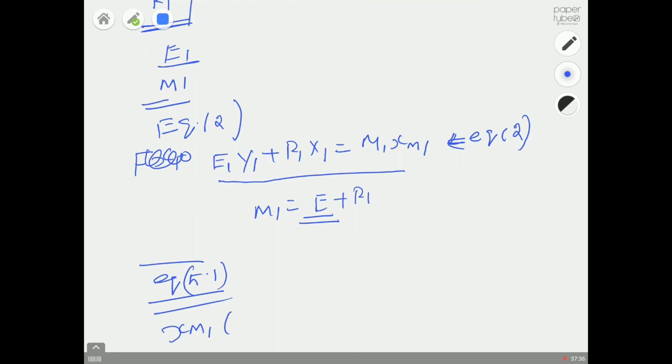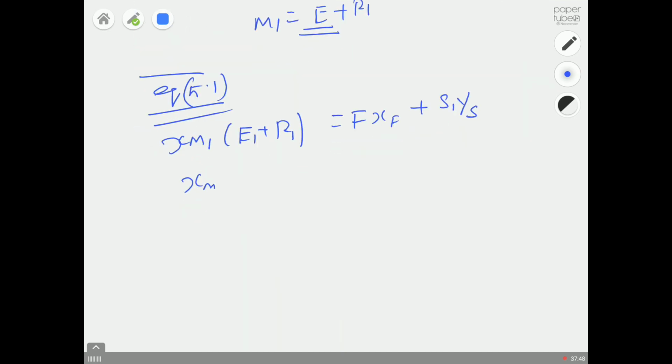x sum 1 multiplied by E1 plus R1 equal to fxf plus S1 ys. So from this you just expand this one, x sum 1 E1 plus x sum 1 R1 equal to fxf plus S1 ys. So all we need to calculate is E1 by R1.